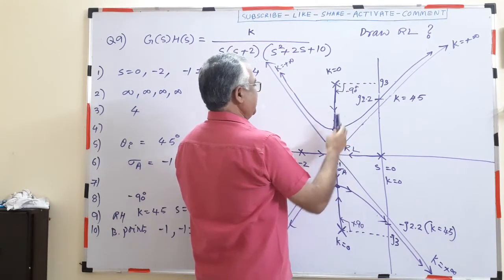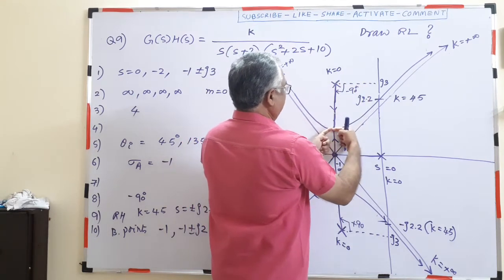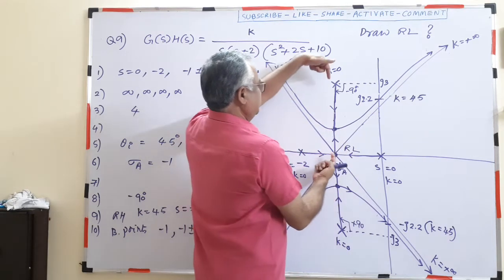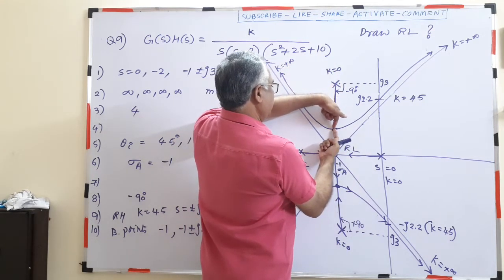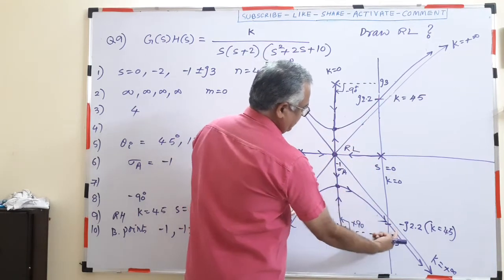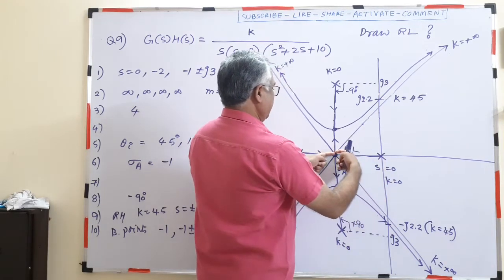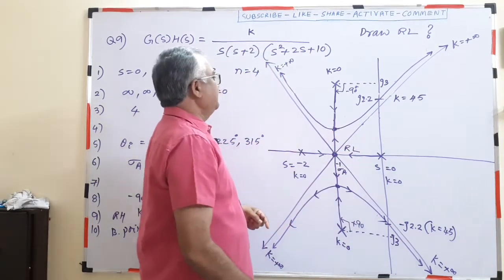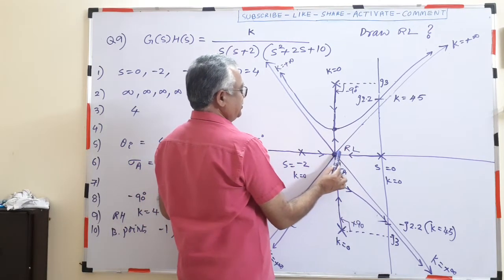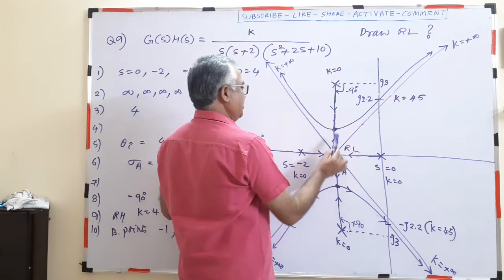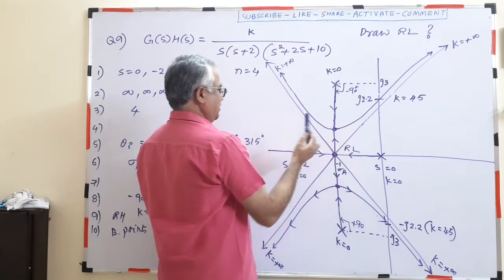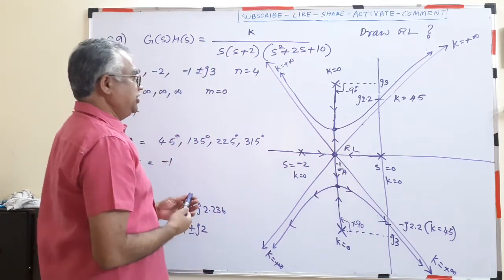These two will meet here, and again the angle of departure will be like this. Angle of departure at a breakpoint: if they are coming vertically, they leave horizontally; when they are coming horizontally, they leave vertically. So this is one valid breakpoint, and this is another valid breakpoint. But this breakpoint is real, and this breakpoint is complex. What is this value? Minus 1 plus j2.